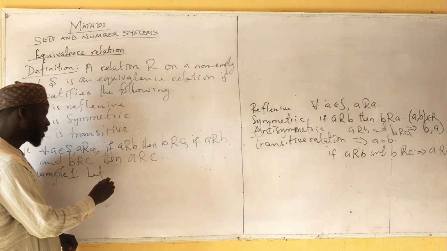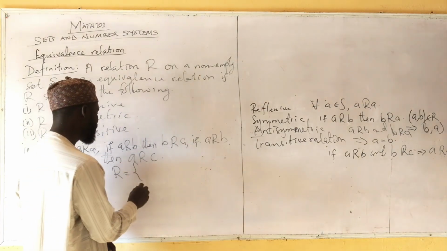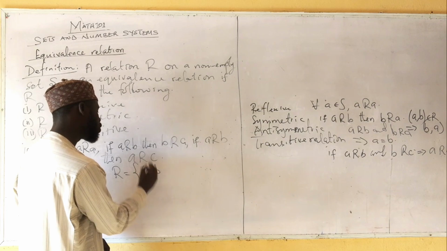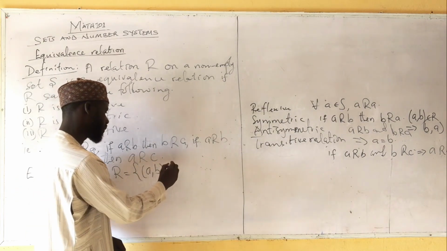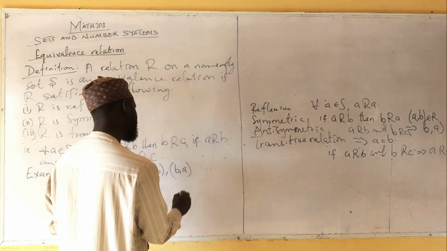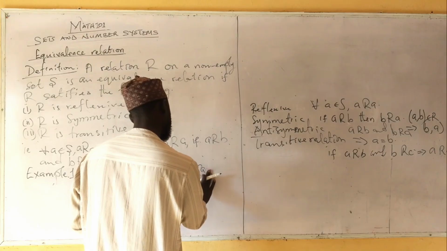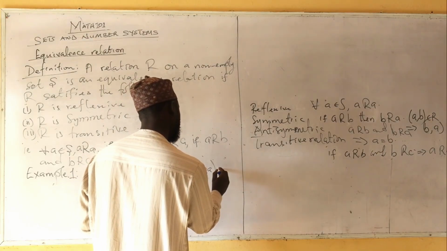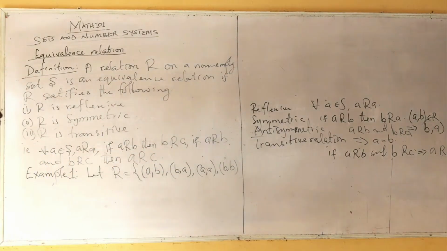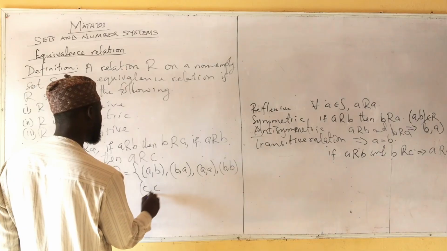Let R be equal to, we have our relation to be, let's take A is related to B, and then B is related to A. You have A related to A, and you have B is related to B. Maybe you have C is related to C.